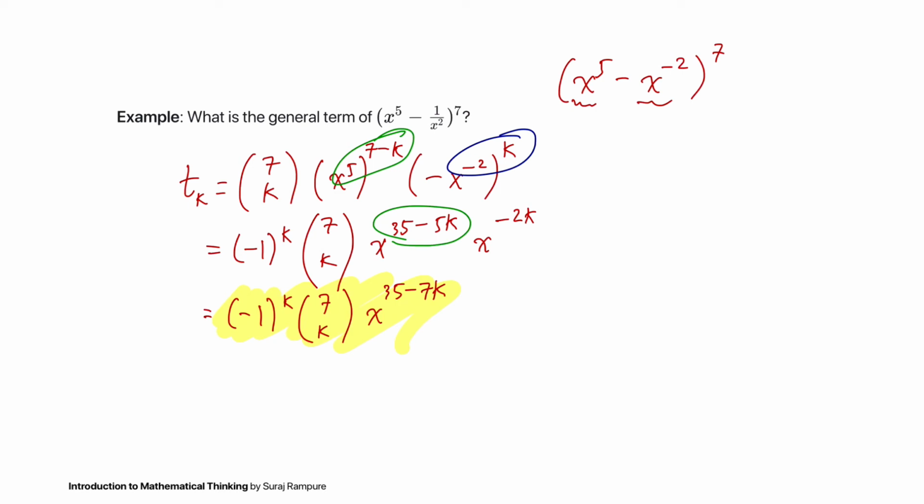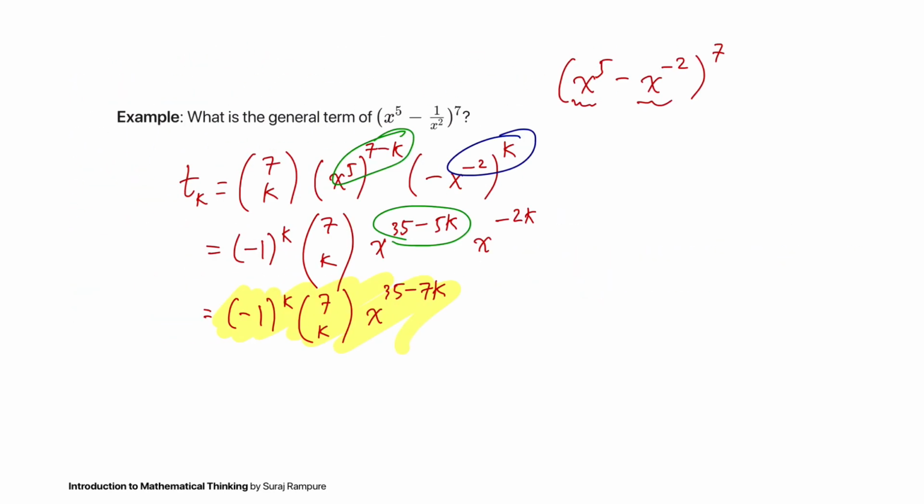Is that clear? So now, quickly and concisely, if I want to determine a specific term, I just plug in a value of k and that gives it to me. Is that clear? Any questions with that? Okay.